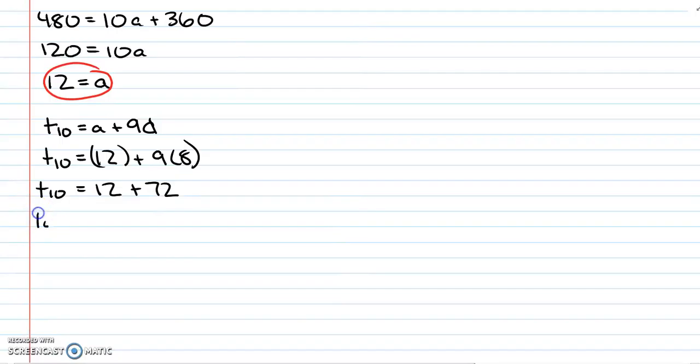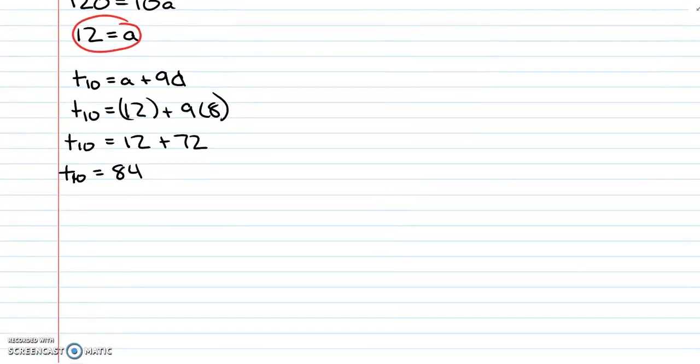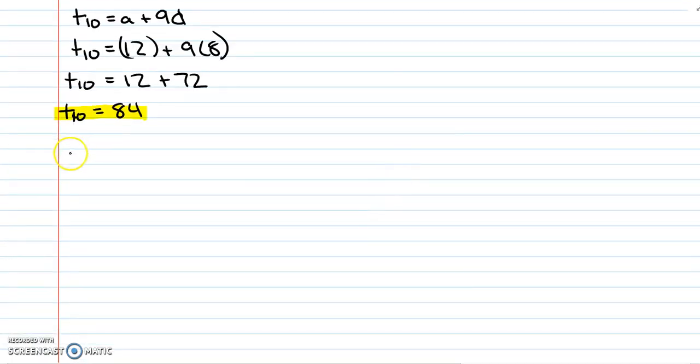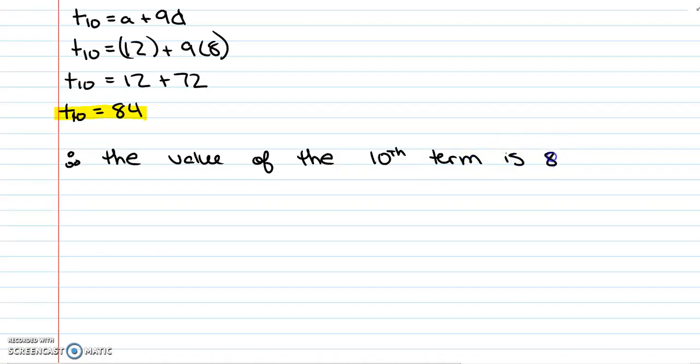We can further simplify that to get T10 is equal to 84. So now we have solved for the 10th term. Therefore, the value of the 10th term is 84.